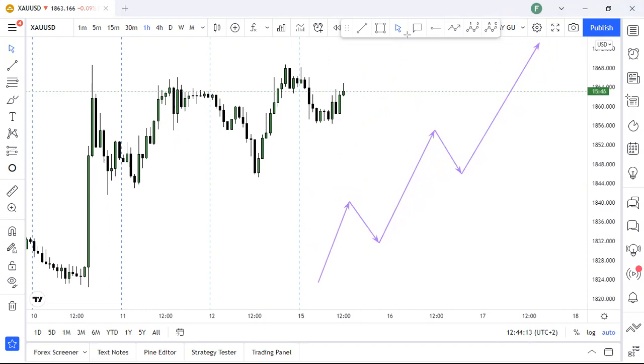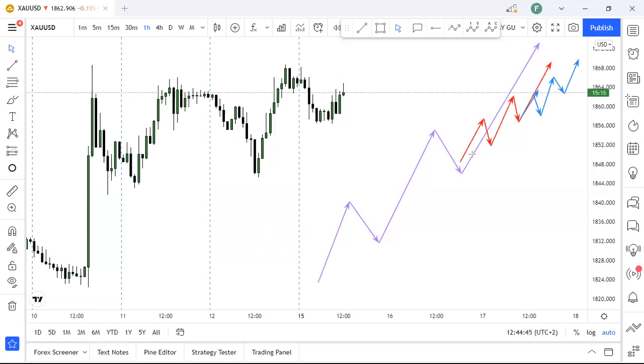So if it's the one that's extended, that means we have our 1, 2, 3, 4, 5, and then in our fifth wave, we have our 1, 2, 3, 4, 5, giving us our fifth wave.